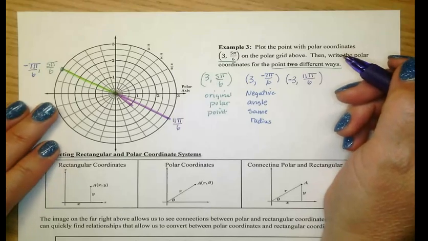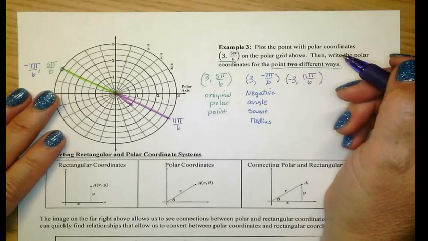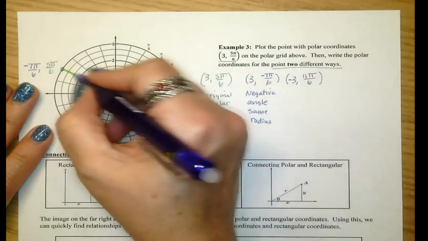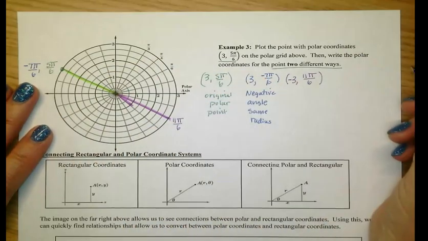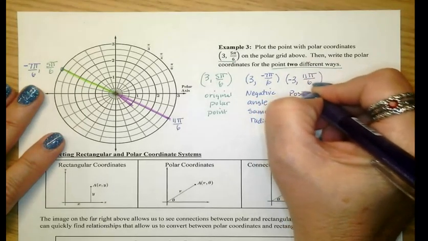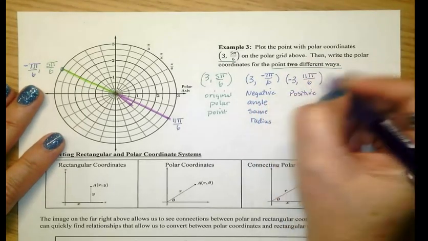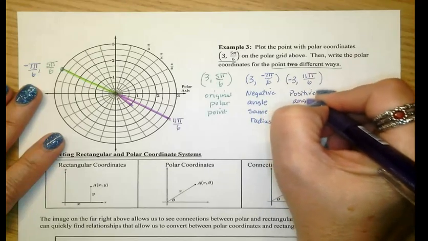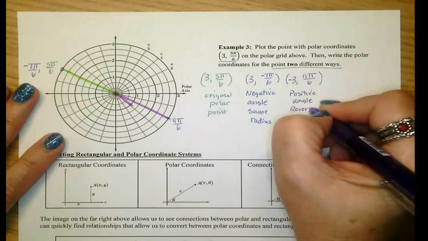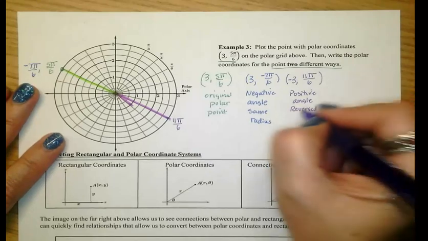So what does that mean in terms of what you did? Basically, we are looking at getting the angle at 11 pi over 6, and so I went in the positive direction, and then I reversed the radius.